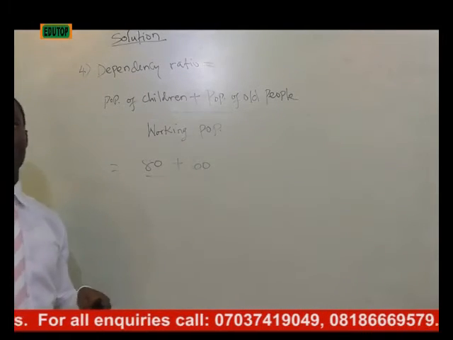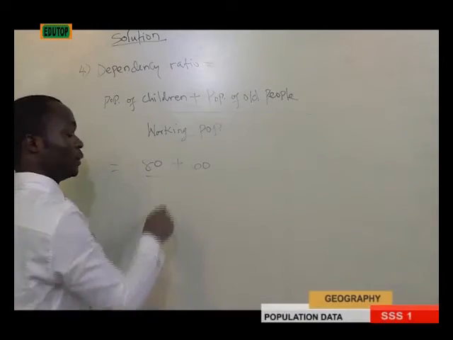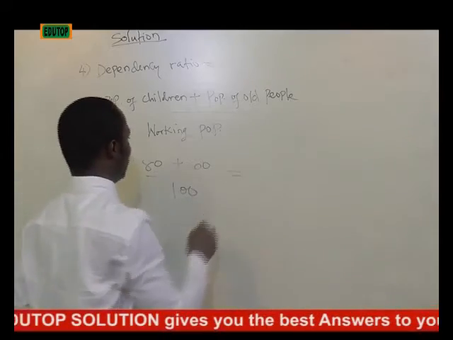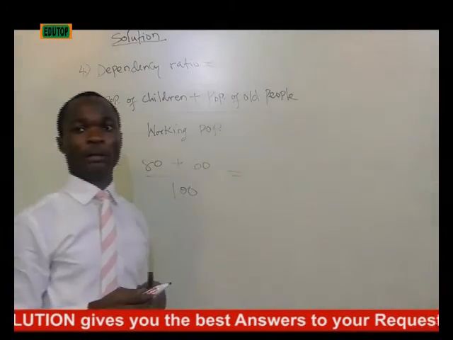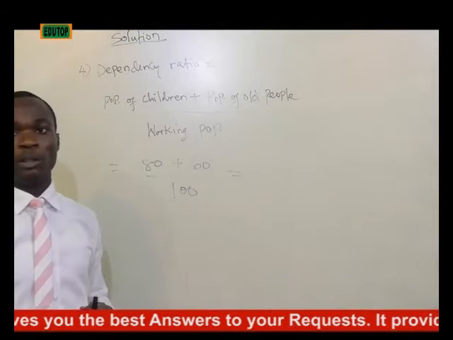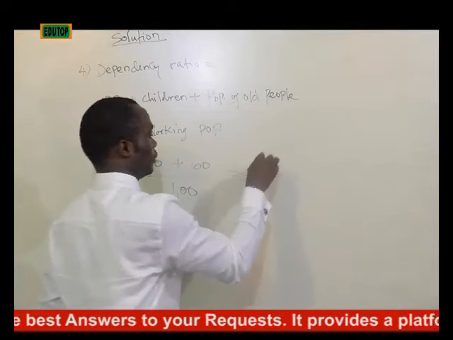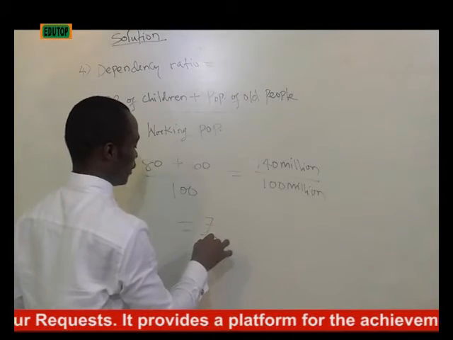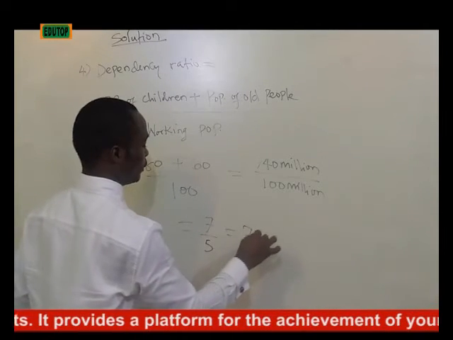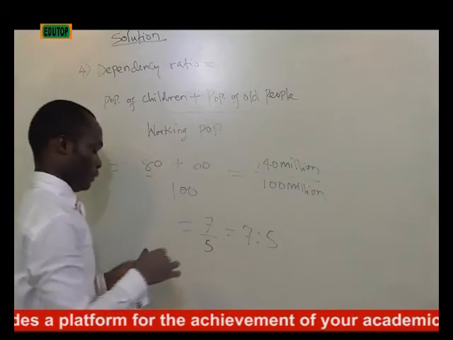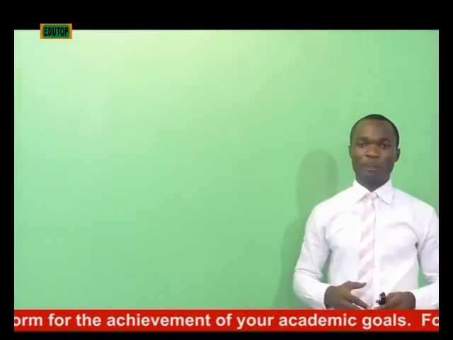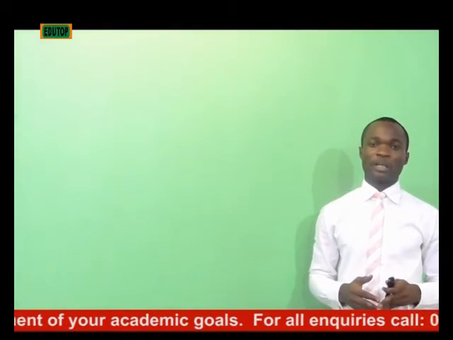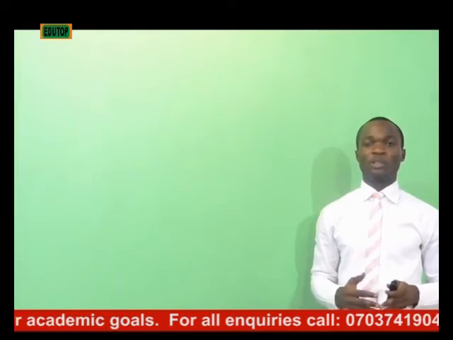And then the population of working people is 100 million. Therefore, if you add the two of them together, we have 140 million divided by 100 million. Therefore, the dependency ratio is 7/5, which is equal to 7:5.